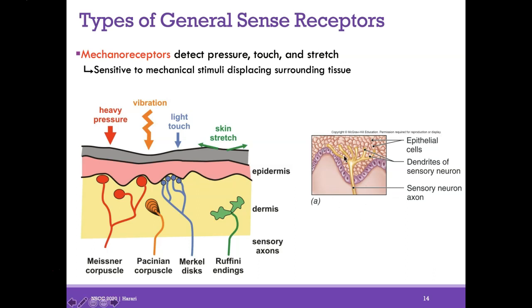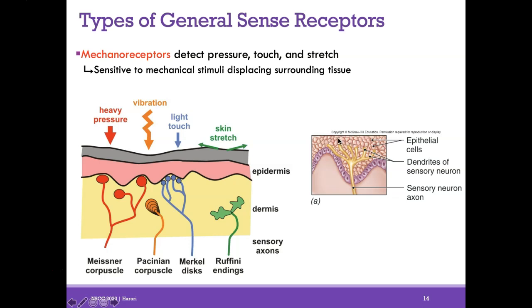So here's an example of this sensory neuron that's in the epithelium. This is a touch receptor or a tactile receptor. So if this were in my fingertips, if I press on the epidermis, that's deforming the cells, right?